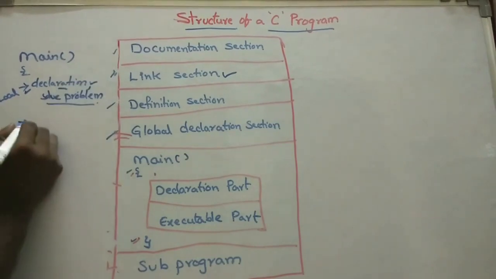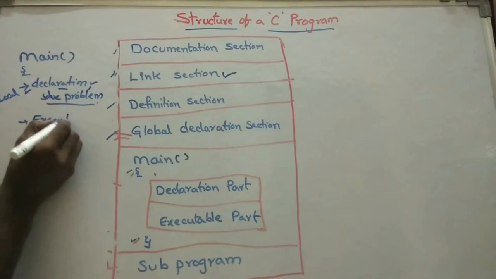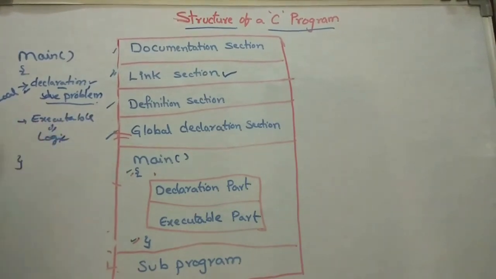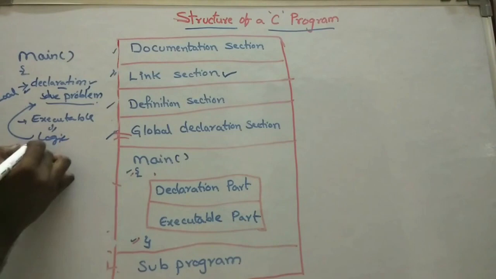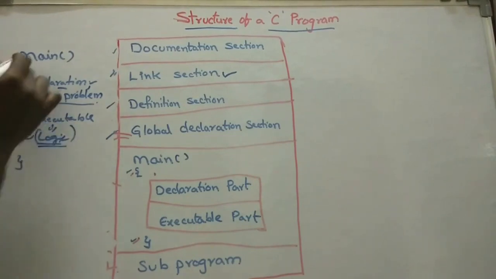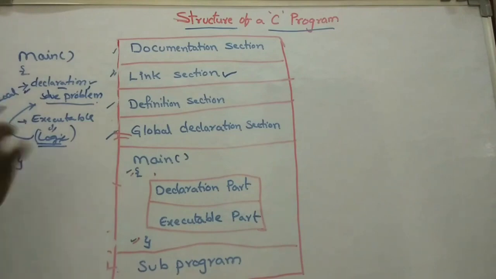And what is the need of the executable part? Right? In the executable part we write some logic, the logic for the implementation of your problem. That means the main method consists of two parts. One is the declaration, another one is the executable part.